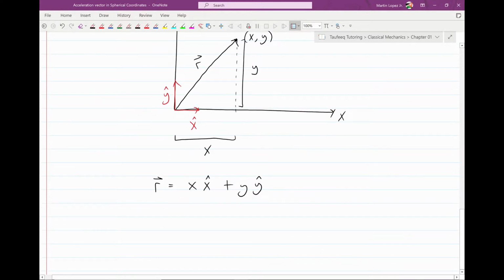Now, with this definition, we can take the derivative with respect to time. So r dot. Now, how do we take the derivative of the first term? We can treat the two factors in the first term as two functions like f and g.